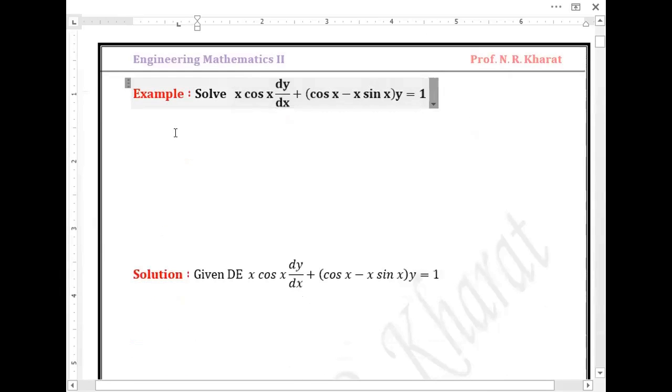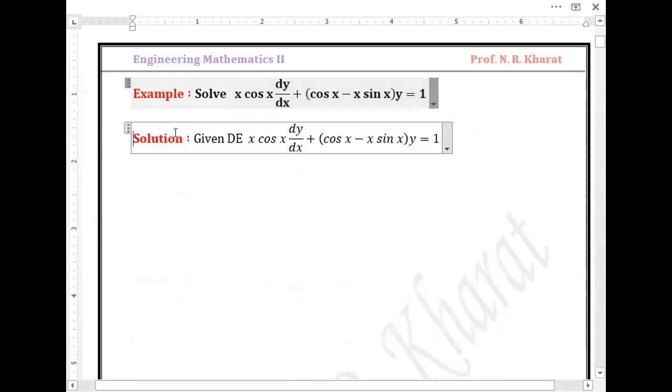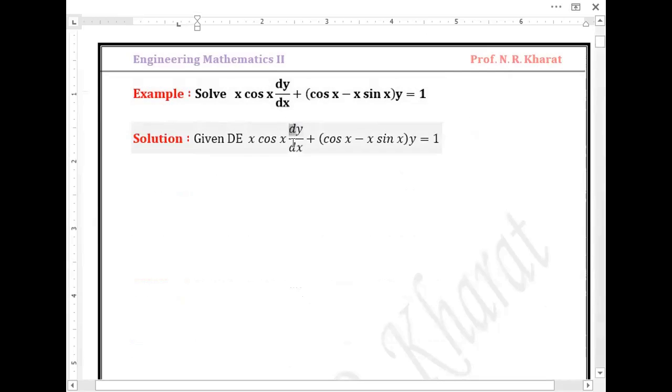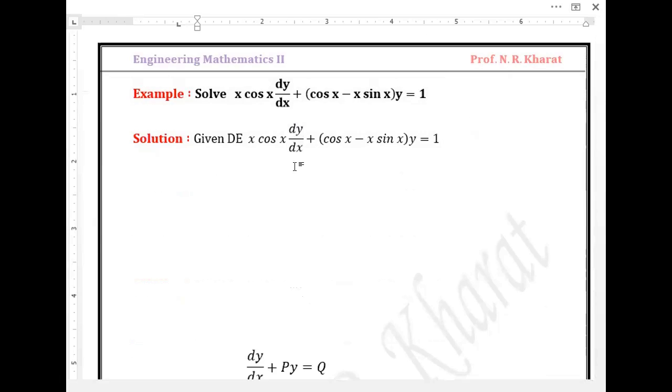For that, we have to represent the given differential equation in standard form. The differential equation contains dy by dx, so it is very easy to convert it into linear form, and the linear form is dy by dx plus py is equal to q.